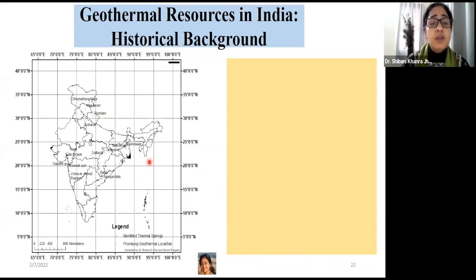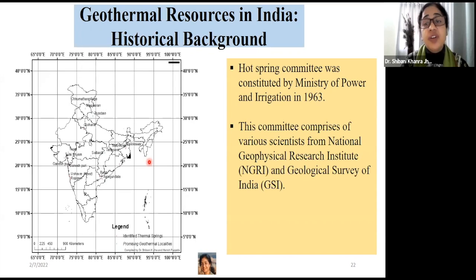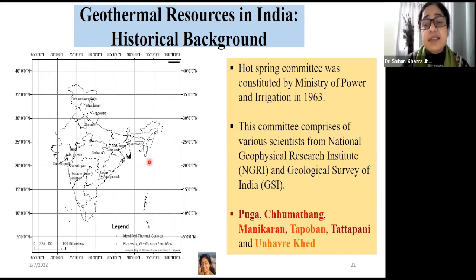This historical background is already established in India, credited to the Hot Spring Committee, which was constituted by the Ministry of Power and Irrigation in 1963. This committee mostly consisted of various scientists from the National Geophysical Research Institute, NGRI, and the Geological Survey of India, GSI.